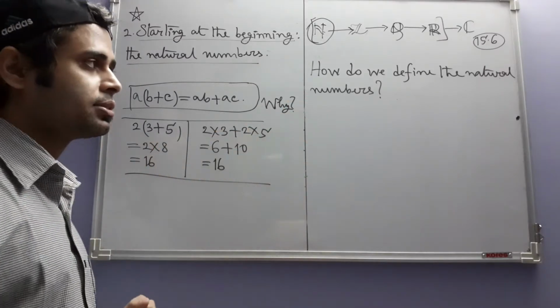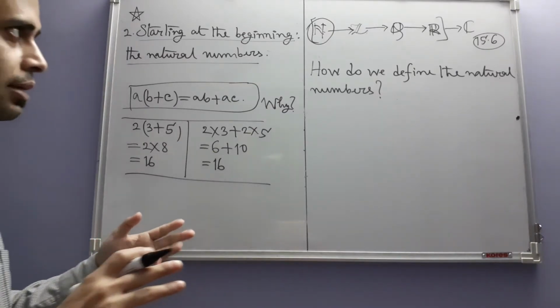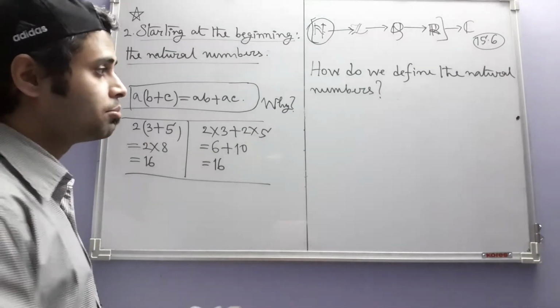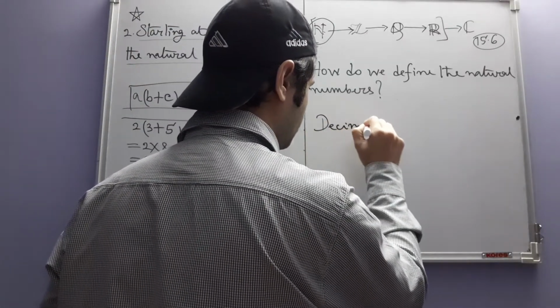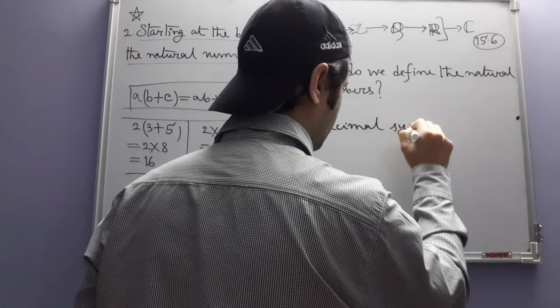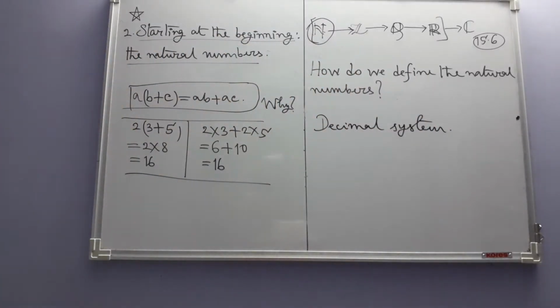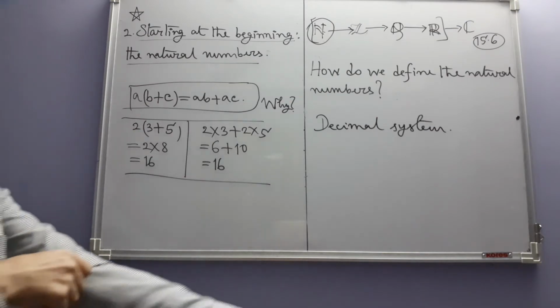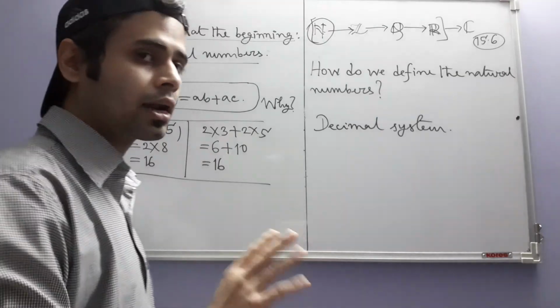And one more thing is that we are also going to forget that we know anything about the decimal system. Decimal system is very familiar, and it is the system that we use to write numbers.